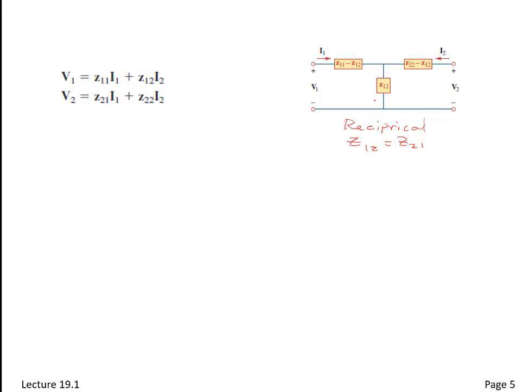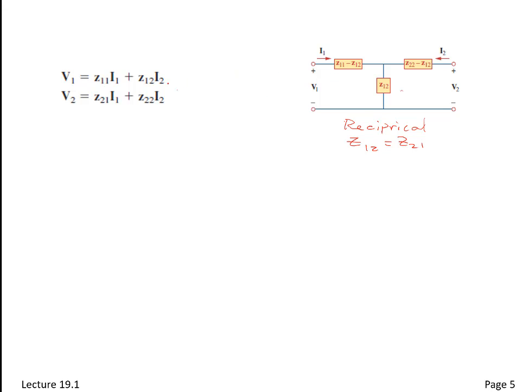Notice up here in this circuit, there is no Z21. It's been replaced by Z12. But more than that, what is going on here? Does this circuit represent these equations?